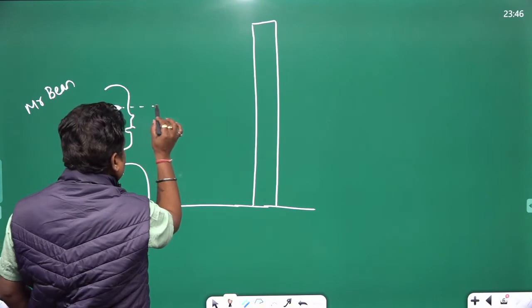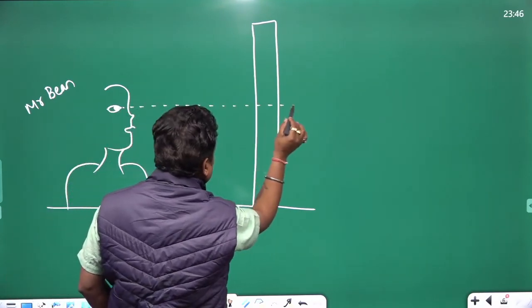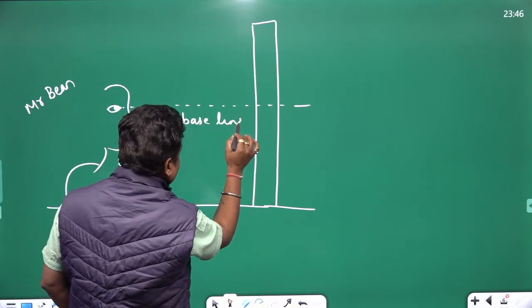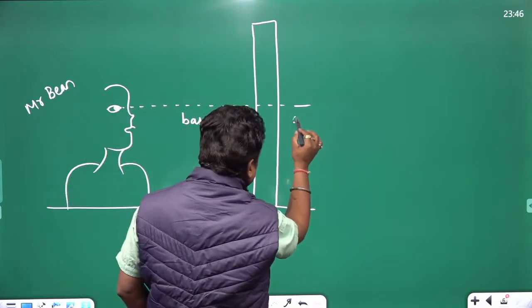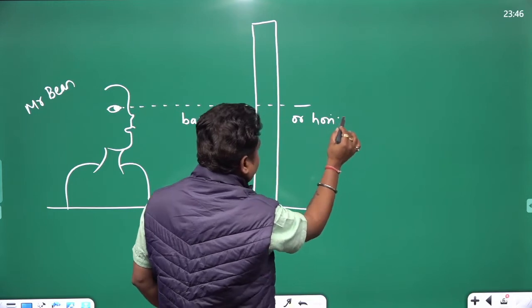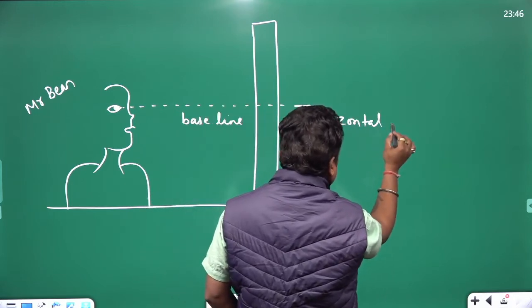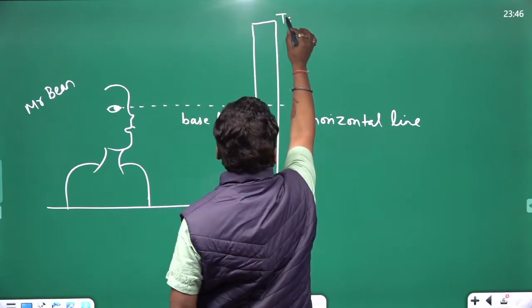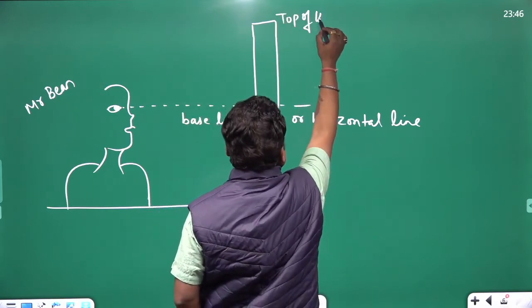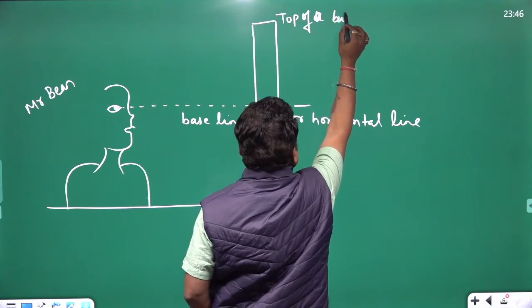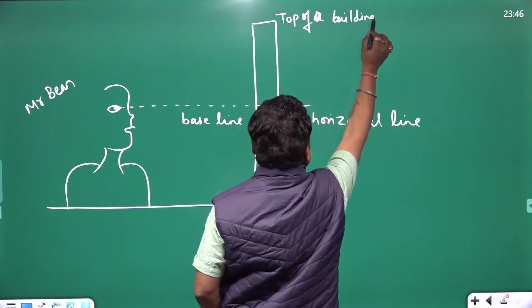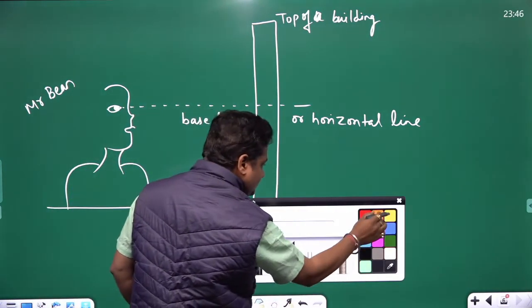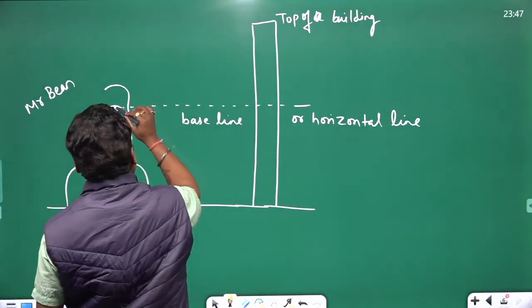This is the baseline. This is known as baseline, or we can say horizontal line. This is the top of a building, and he is observing the top.